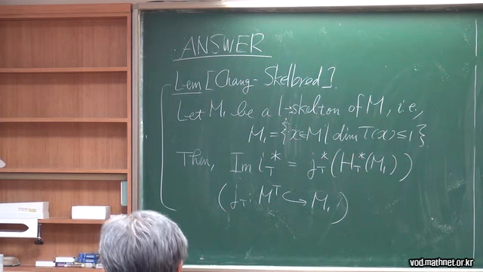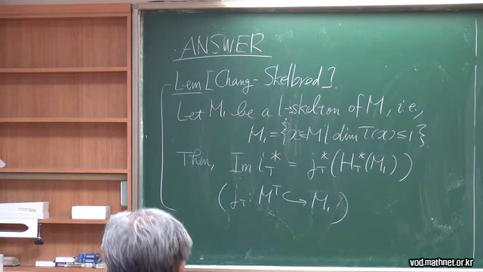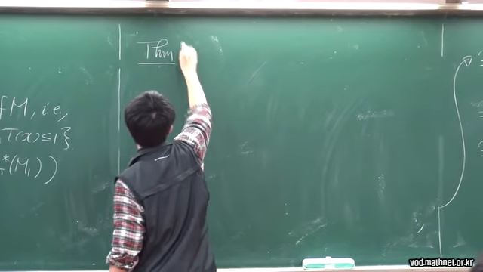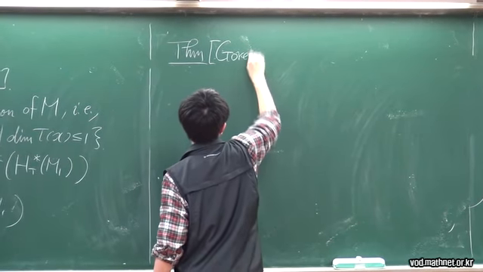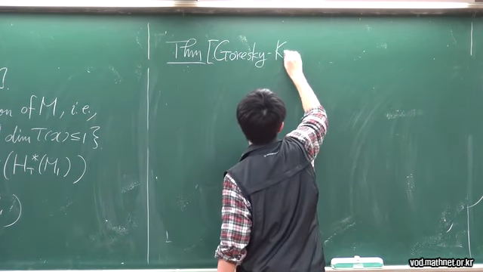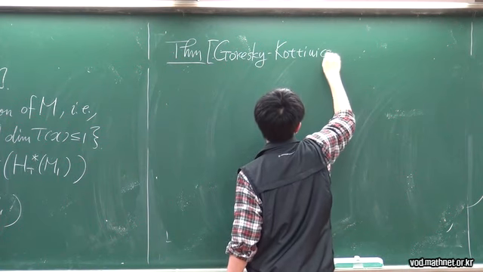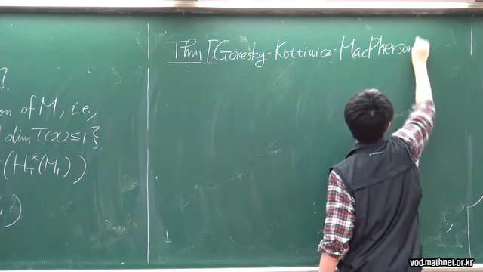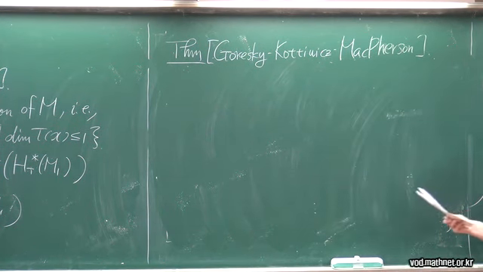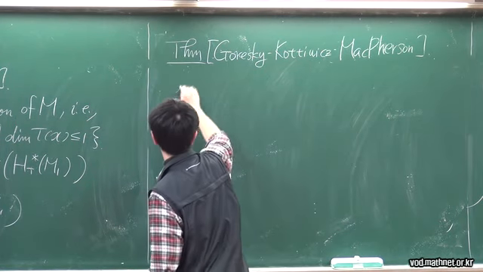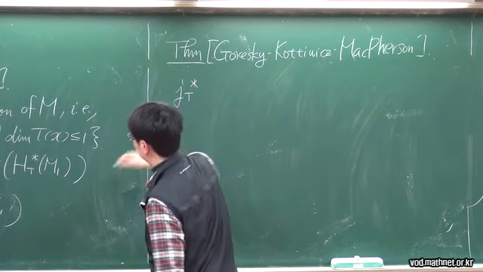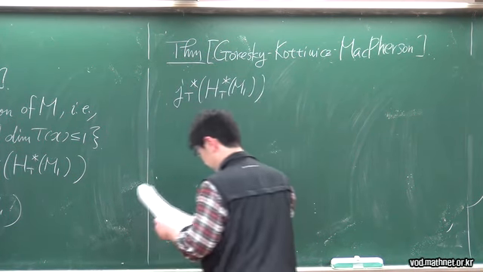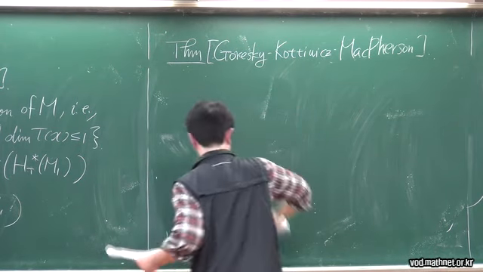And what does GKM stand for? GKM stands for Goresky-Kottwitz-MacPherson. This theorem tells us that this j_T star, which means the image of the one skeleton, we need to make some more assumption.